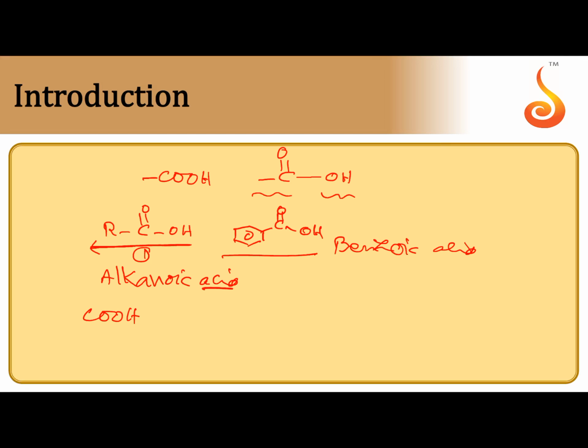When two COOH groups are present in the same molecule, that is called a dicarboxylic acid. The smallest dicarboxylic acid is COOH-COOH, oxalic acid. The IUPAC name is ethane-1,2-dioic acid. Oxalic acid is the common name.